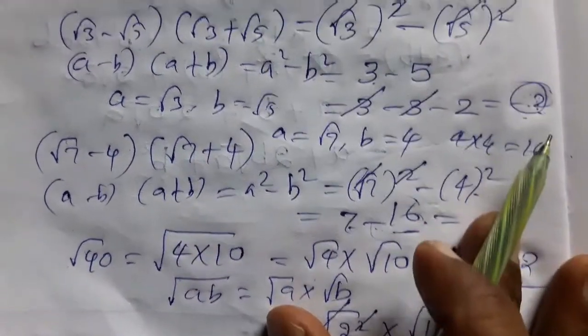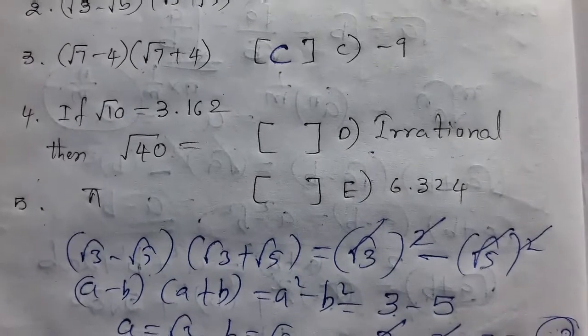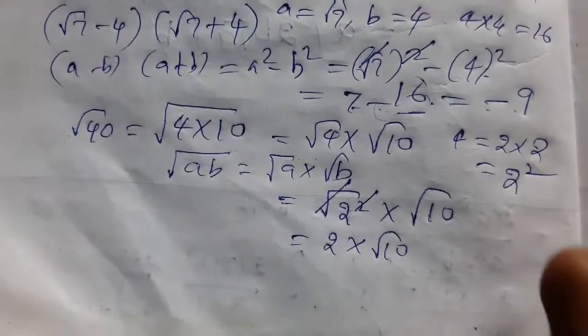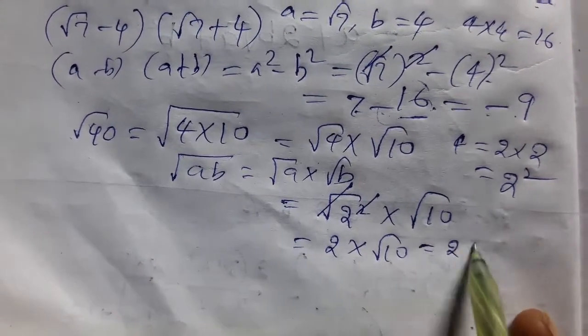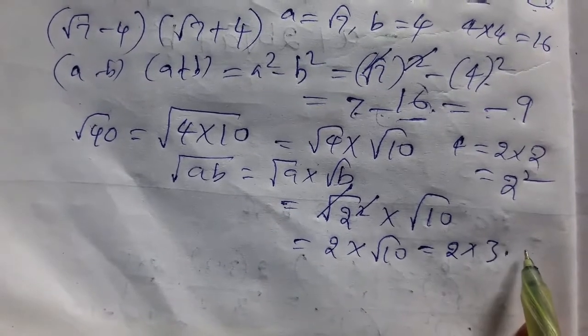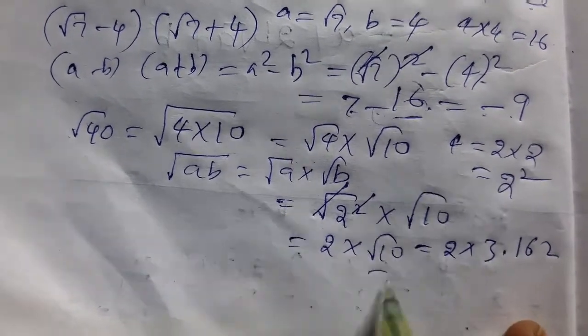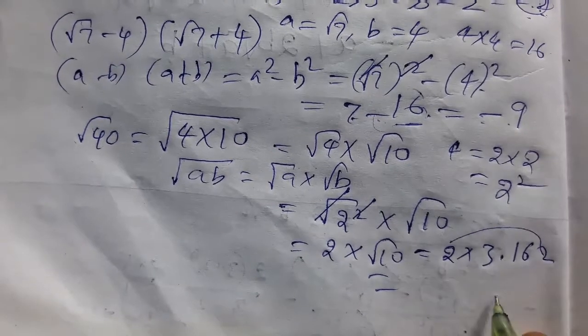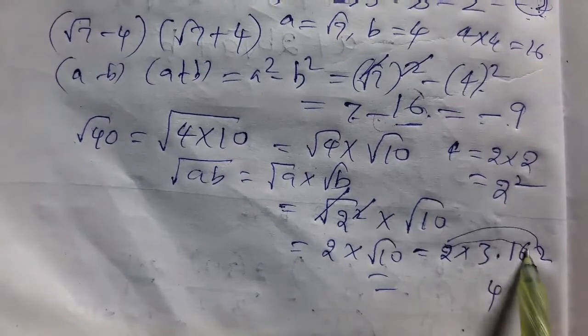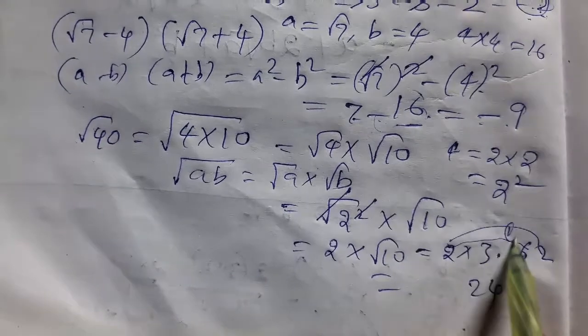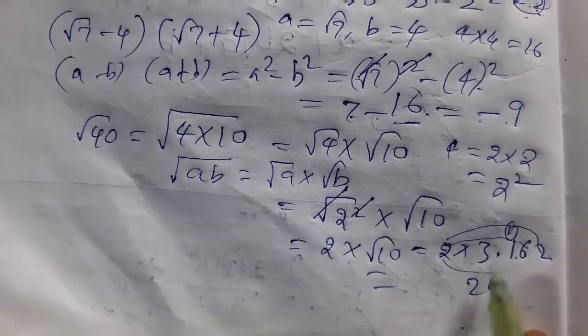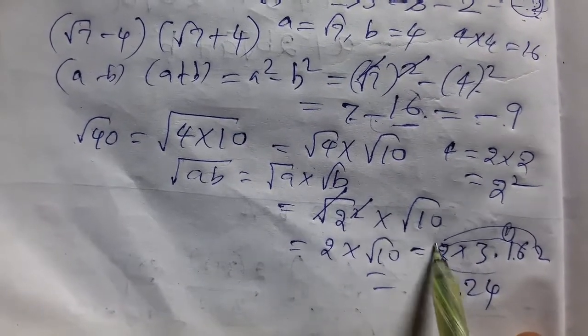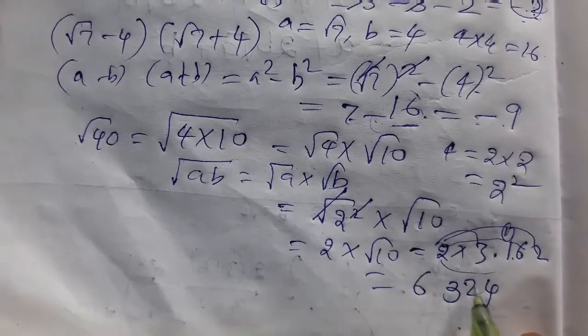Root 10 value is already given as 3.162. So 2 into 3.162. 2 2s are 4, 2 6s are 12, 2 1s are 2 plus 1 means 3, 2 3s are 6.